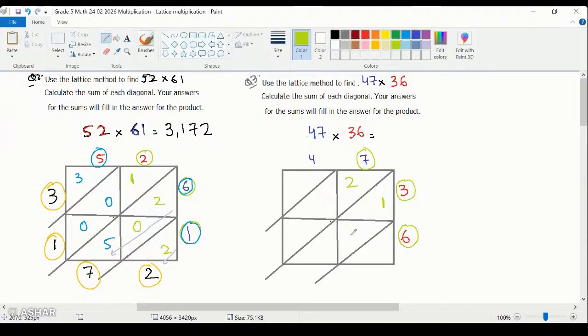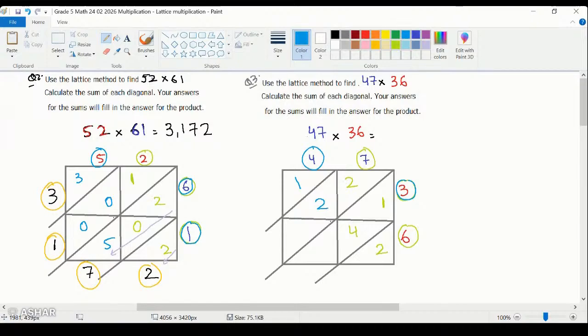So there is 4 tens and 2 ones. Agreed? Okay, moving ahead. 4 multiplied by 3 would be 12. 1 tens, 2 ones.